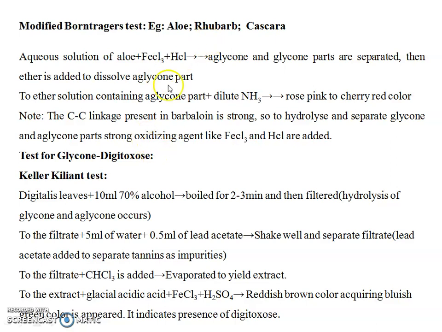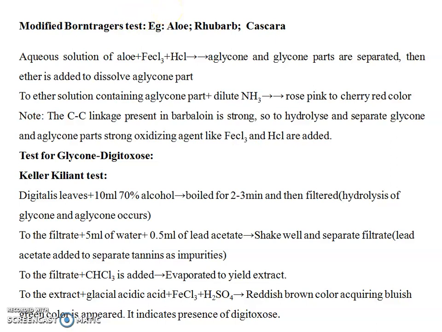That's why a strong oxidizing agent like ferric chloride and HCl is added to break the glycone and aglycone parts. So that's the reason in the modified Bontrager test, ferric chloride and HCl are added, because these three plants contain C-C bonds.